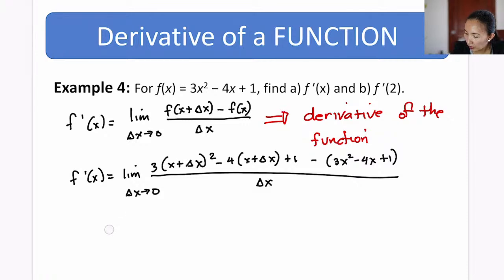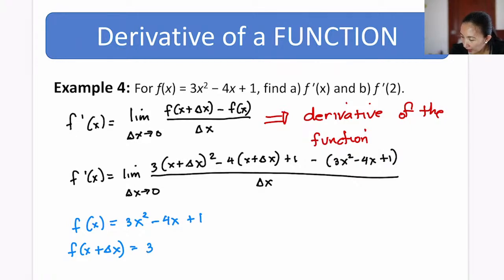Okay, sulat muna natin yung original function. The original function given is f of x equal to 3x squared minus 4x plus 1. So, kung f of x plus delta x, then 3 times, replace x with this. So this will be times x plus delta x raised to the second power kasi nga squared ito.